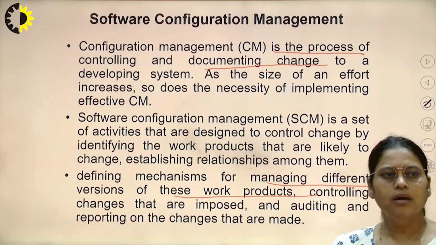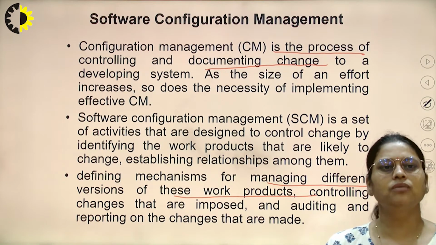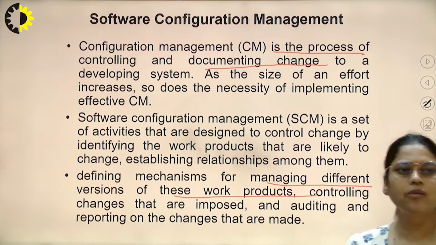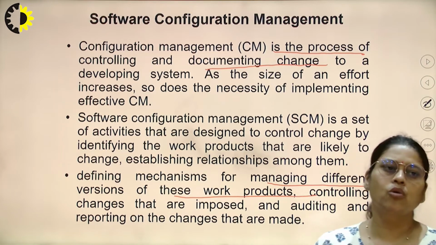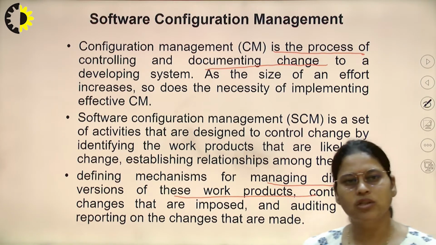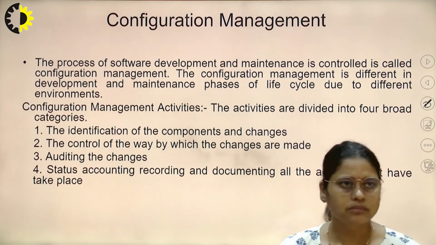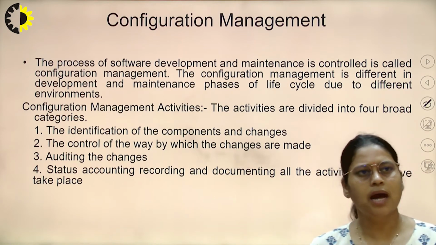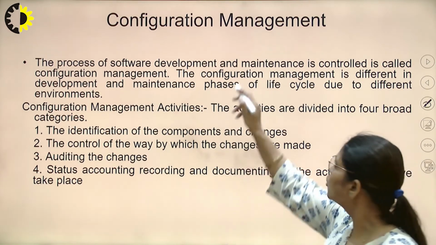We also control changes that are imposed, and audit and report on the changes that are made. So continuously we have to report or monitor these changes which we have done during the maintenance phase.